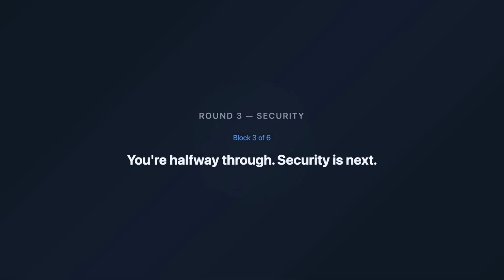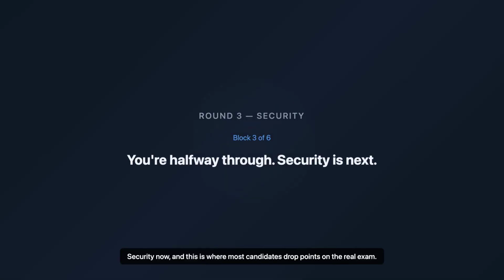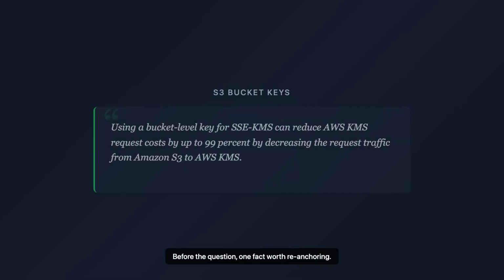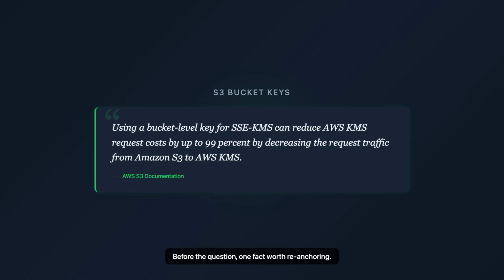You're halfway through. Security now, and this is where most candidates drop points on the real exam. 3 questions coming up on encryption choice, VPC endpoint type, and how you rotate database credentials. Before the question, 1 fact worth re-anchoring.